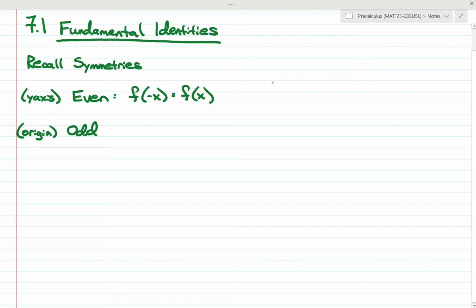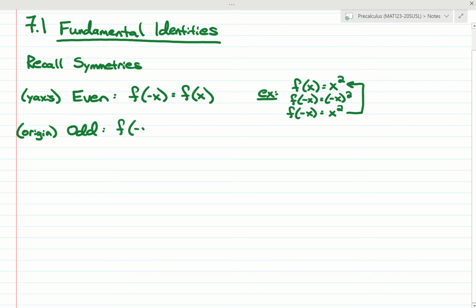So this was an example where, let's say, f of x is equal to x squared. Well, f of negative x would be negative x to the second, or f of negative x is just x squared. It's exactly the same thing. That's what happens with even functions. Now an odd function, if you were to plug in the opposite of x, you would get the opposite of the function.